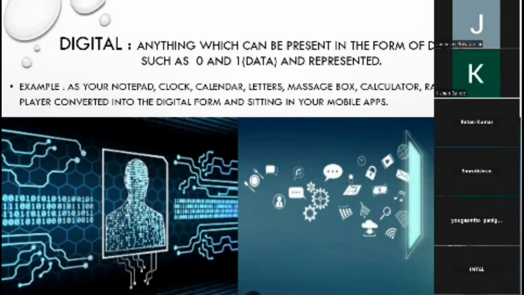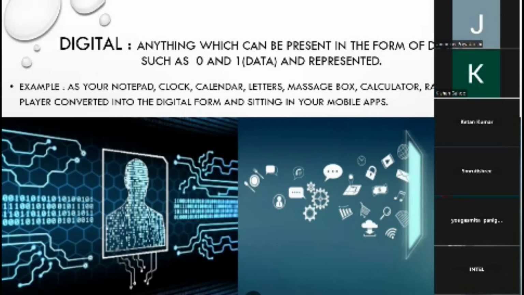Example, you had a notepad previously. Currently, your notepad is in your mobile. You have a clock. That clock is converted into a digital clock in your mobile. You have a calendar, letter, message box, calculator, radio, music player, all converted into a digital form in your mobile. Now that is sitting in your mobile apps. Okay. So that means we converted them digitally, and that replaced your physical stuff.